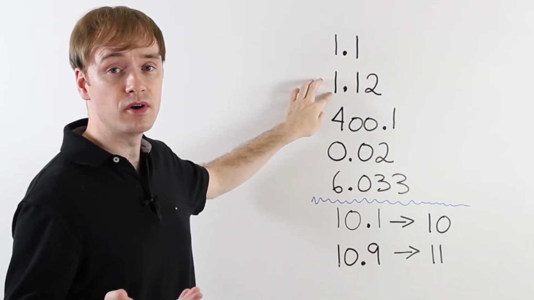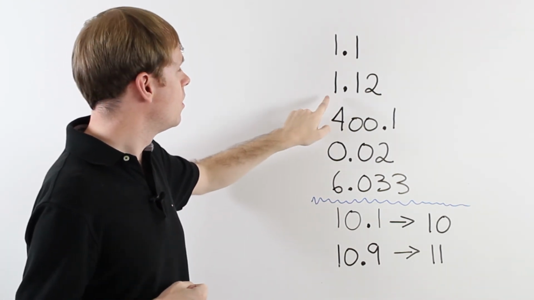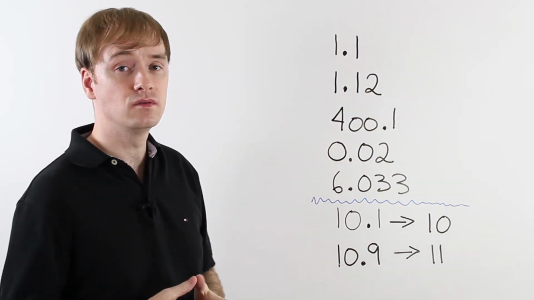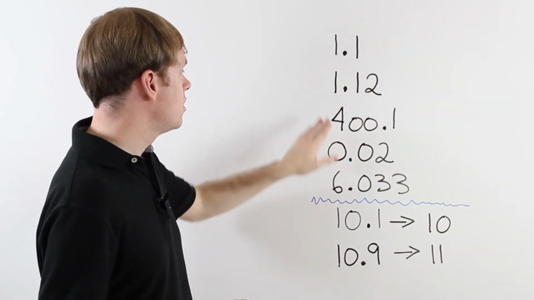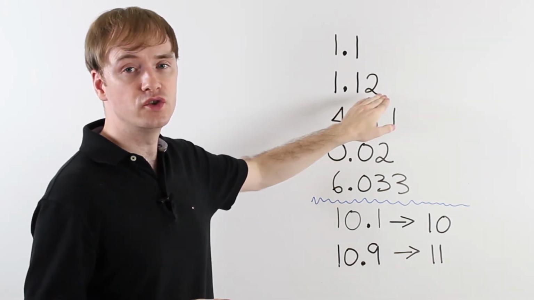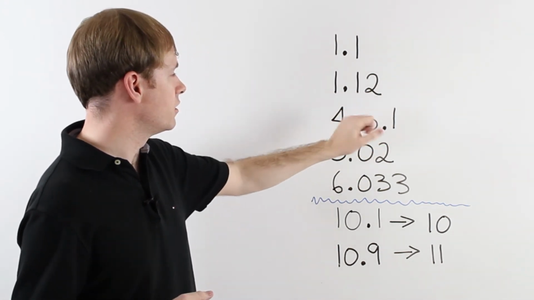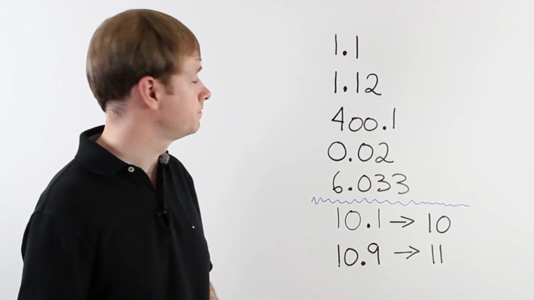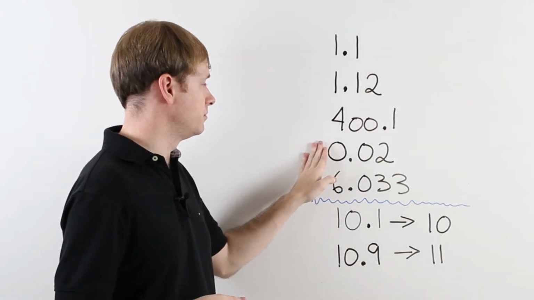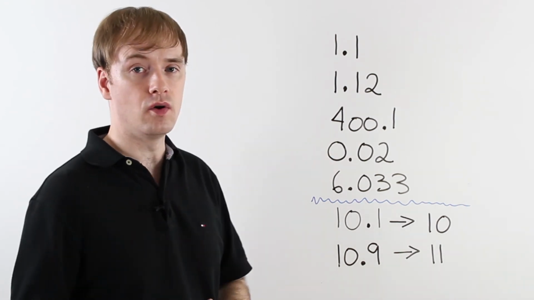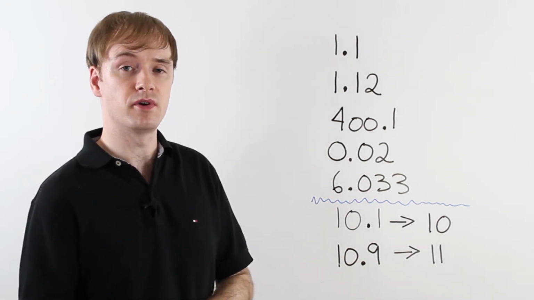The next number. Okay, we could actually express this number 2 ways. 1.12, or 1.12. Okay. The next number, 400.1. Easy. The next number starts with a 0. Again, there's 2 ways to express this.